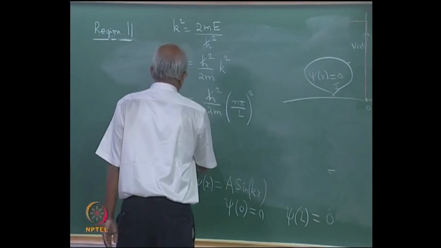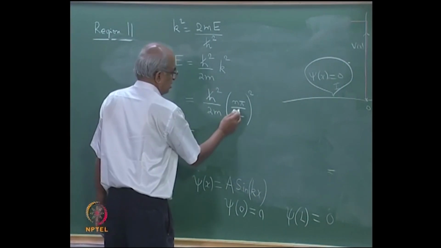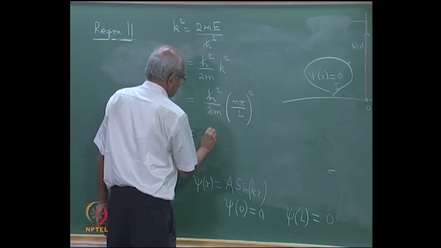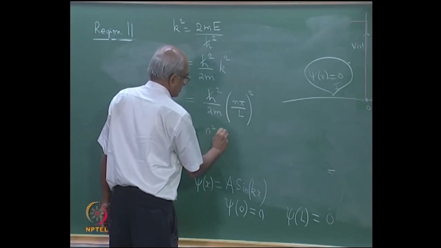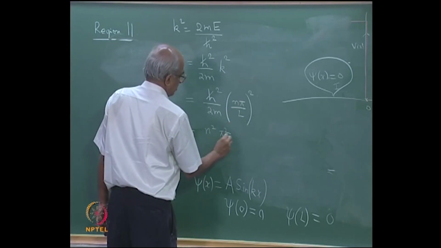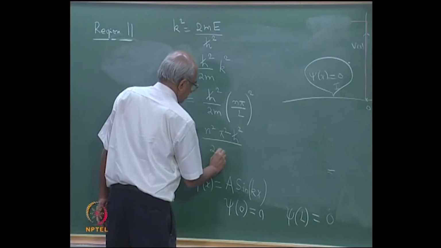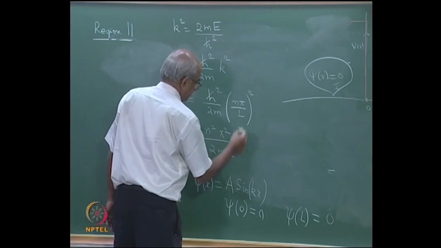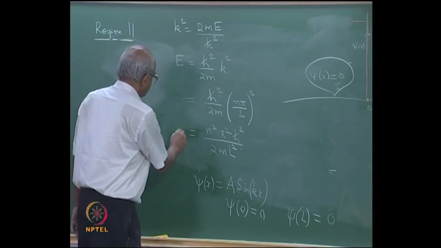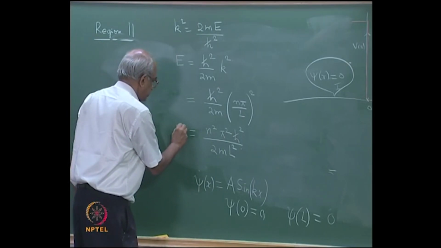And what are these values? I could write it in this fashion: n square pi square h cross square divided by 2 m L square. These are the values of energy for which you can get acceptable solutions.